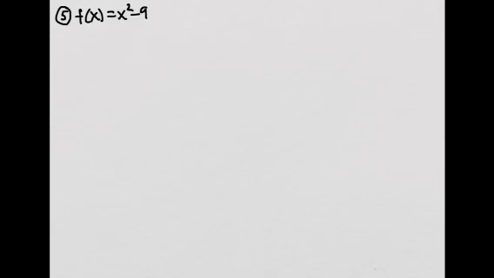Alright, number 5 is a quadratic. Now remember, this is a parabola with a vertex at 0, negative 9. The k is negative 9, so the parabola went down 9 units. So this is not 1 to 1, so I have to restrict the domain. I'm going to pick the positive side, so all x greater than or equal to 0.